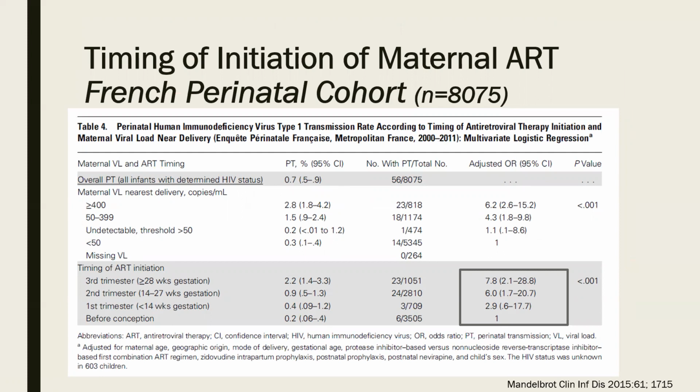You'll see here in this large study that the odds of acquiring HIV for the infant were higher by 7-fold, 6-fold, and 2.9-fold, whether the ART was initiated in the third, second, or first trimester, compared to before conception. So really, late ART initiation puts the infant at greater risk for acquiring HIV.